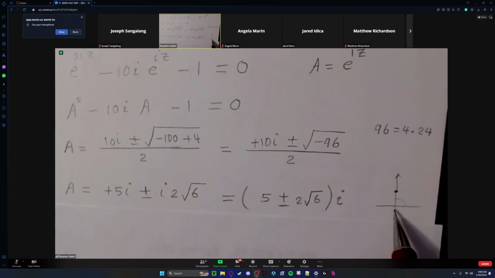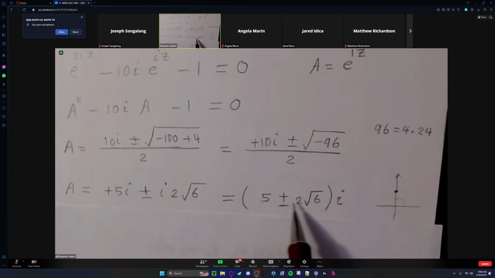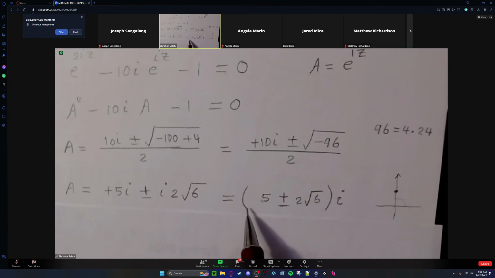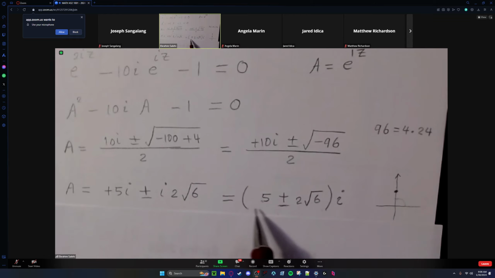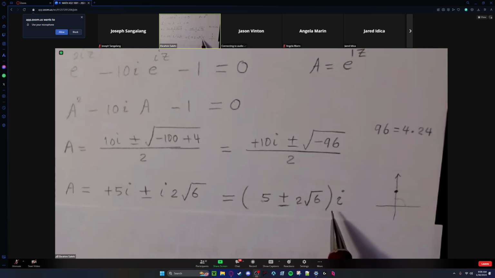It's positive. I'm going to work with 5 plus. The modulus of this one is this number. The argument is pi over 2 because it's right here along the y-axis. It's completely imaginary. We don't have a real part. All of it is just a number times i.